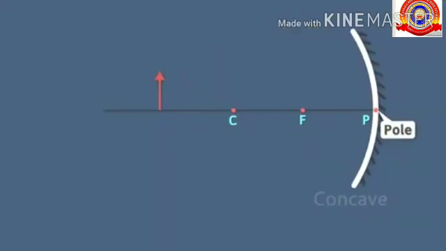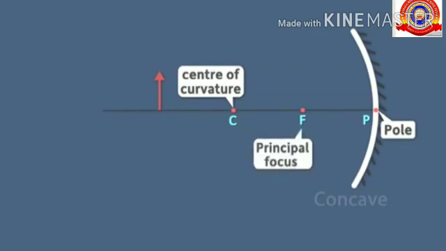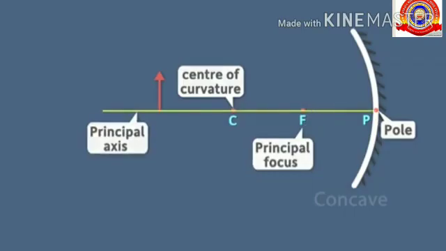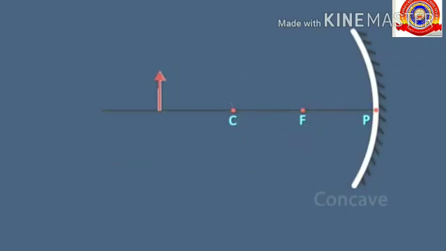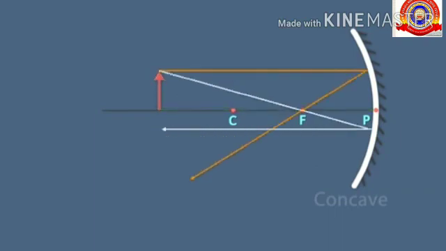P is the pole, C is the center of curvature, and F is the principal focus of the mirror. Also you can see the principal axis, which is a straight line. We mark the center of curvature, principal focus and pole on the principal axis. So place an object behind C at a finite distance from the mirror. We draw the usual diagram to get a real image here.